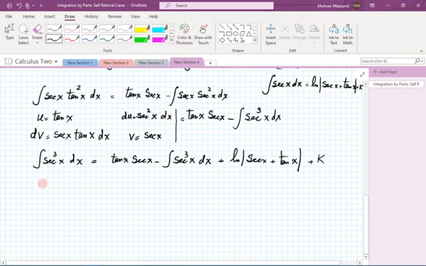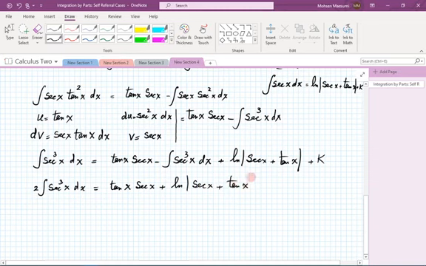When I bring it back here, I have 2 times the integral of secant cube of x dx. This is tan x secant of x plus logarithm of secant of x plus tangent of x, and then a constant that we had.